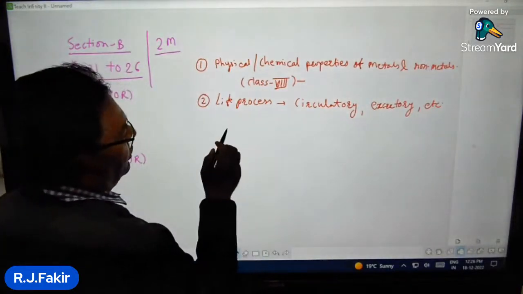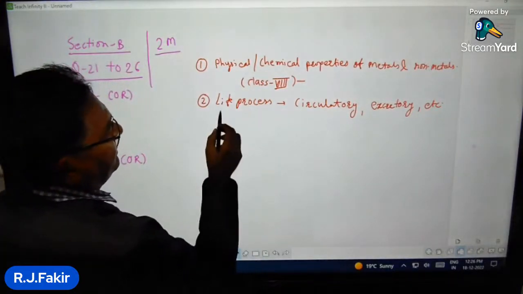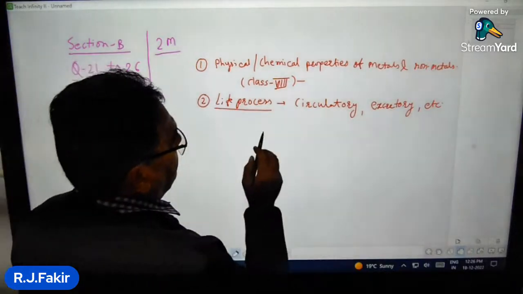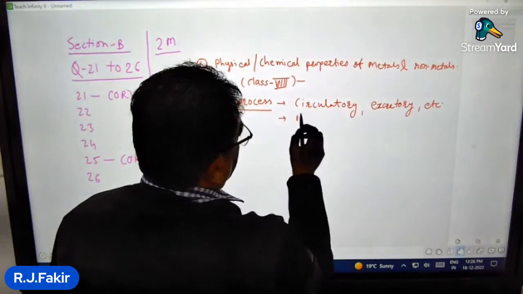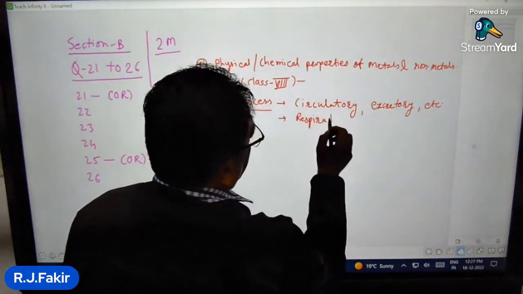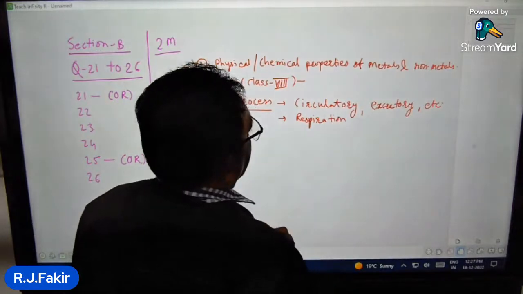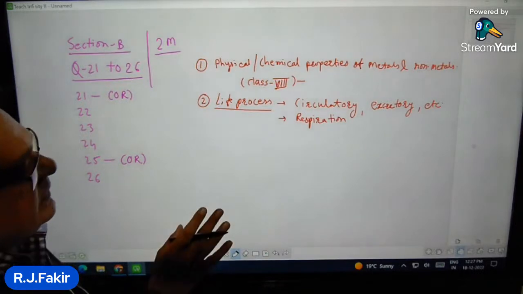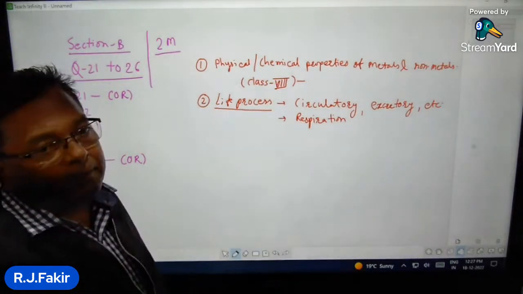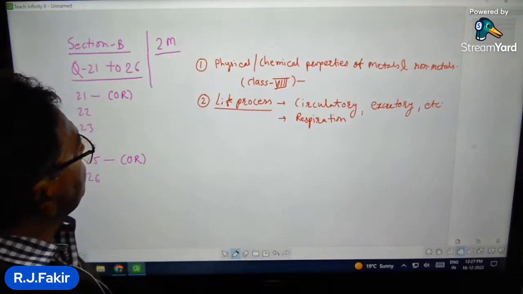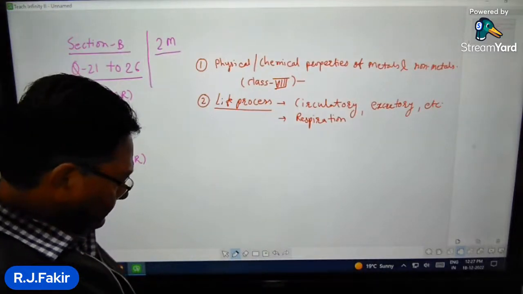Rather, you may get more than one question even about life process. This is an important topic for this section. Even they can ask about respiration, their types. Anything from that whole list of the life processes, you will generally get around two questions in this section.